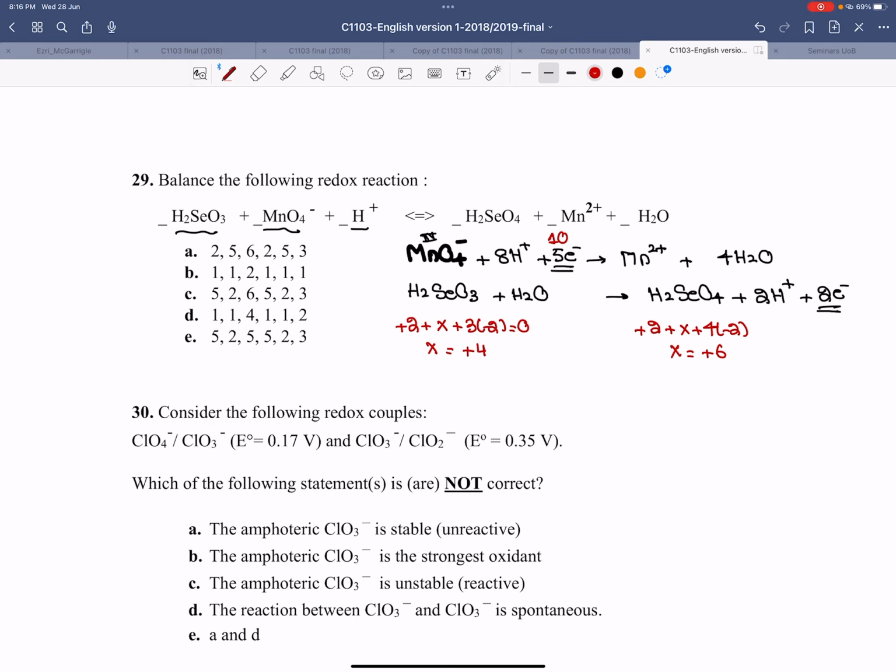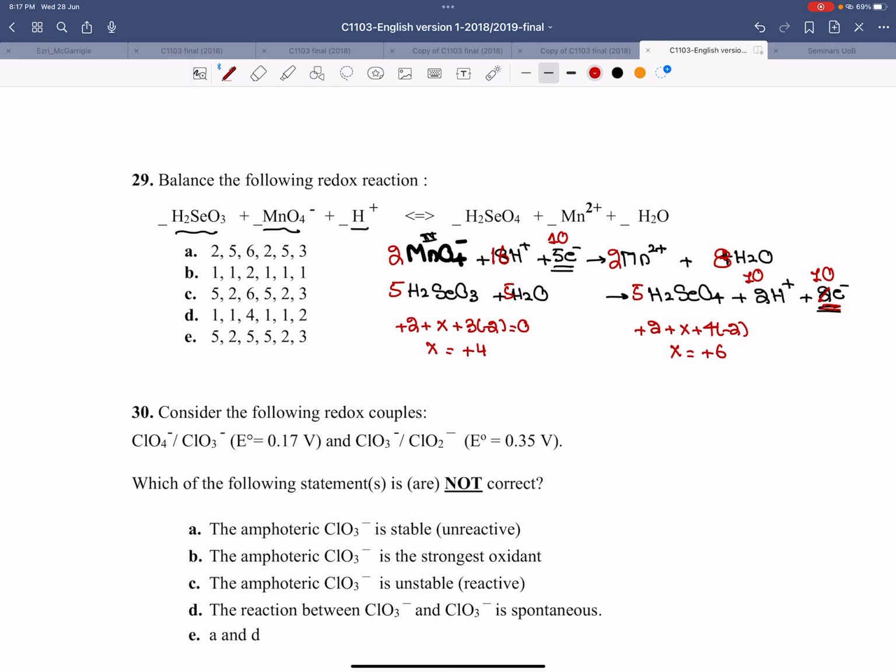So that's 2 times 8, and 2 times 1, 2 times 4, 8, again 2, 16. You multiply the other series by 5.